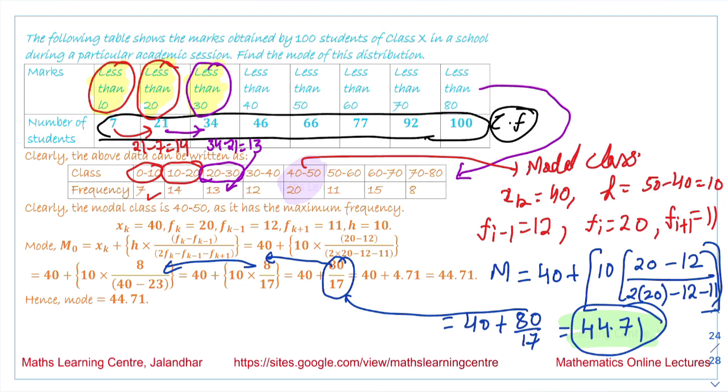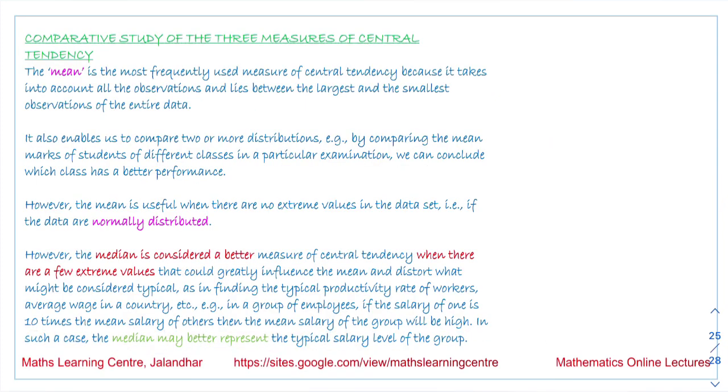Now next we have a comparative study of the 3 measures of central tendency. We are saying the mean is the most frequently used measure of central tendency, because when we calculate the mean, we take into account all the observations, and the value of the mean lies between the largest and the smallest observation of the entire data.